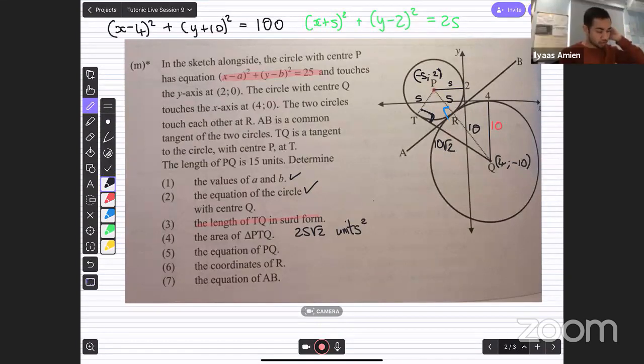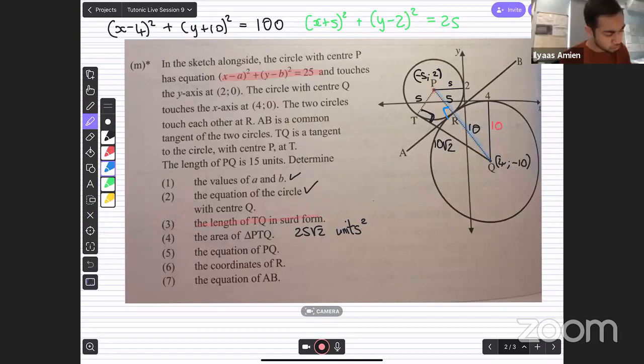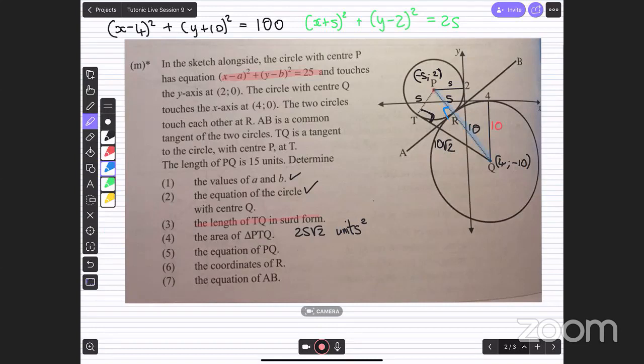Okay, the equation of PQ. We can work out the gradient and then substitute into the formula. You've got 2 points. Do you see that? Yeah. So you can easily work out the gradient and then sub in a point. Okay.